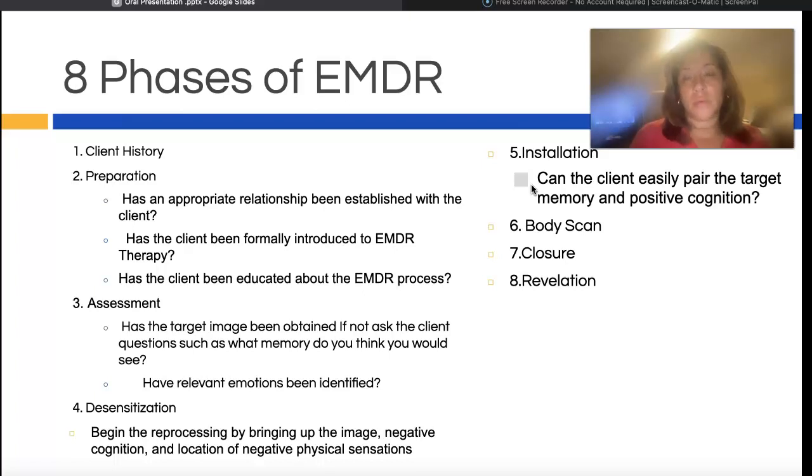And then you would start to reprocess the image, and work through the image, and the negative cognition of it, and you want to locate any negative physical sensations, because your body tends to react one way or another when you're put into those particular circumstances.